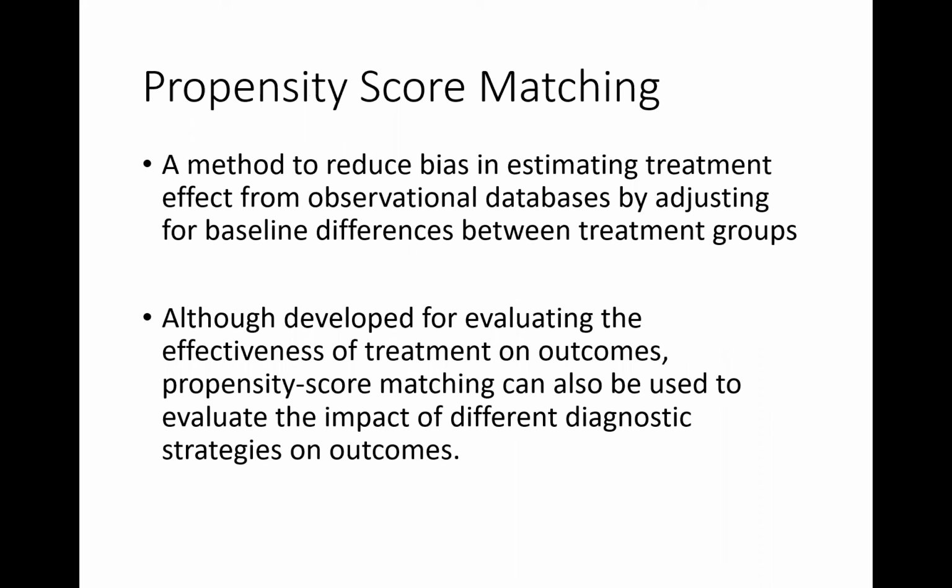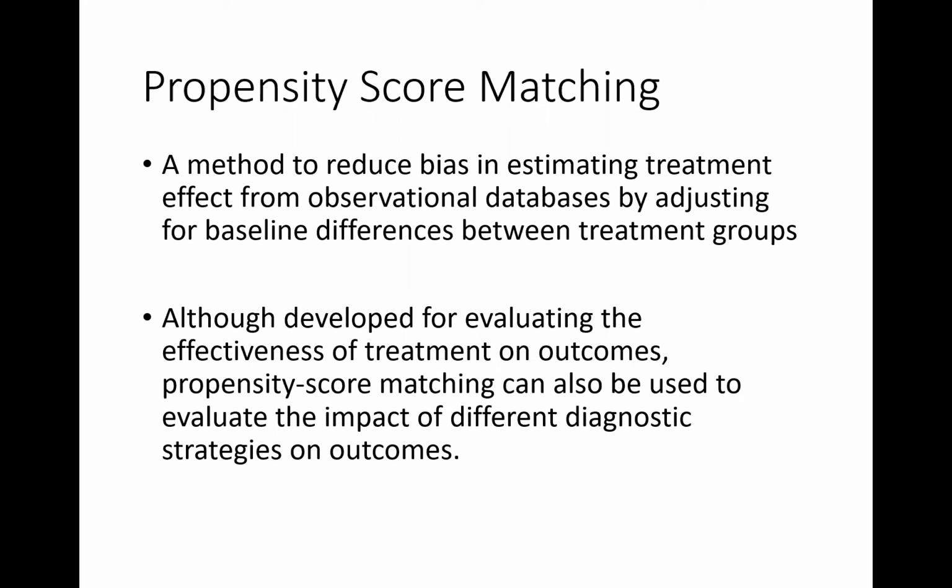Well, propensity score matching is a technique you can use when you don't have a randomized controlled trial. And it's designed for observational databases. It allows you to select from a large observational database matched groups to do away with any potential bias. It was originally designed to assess treatments.